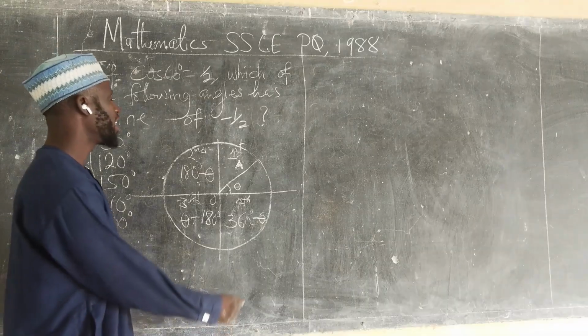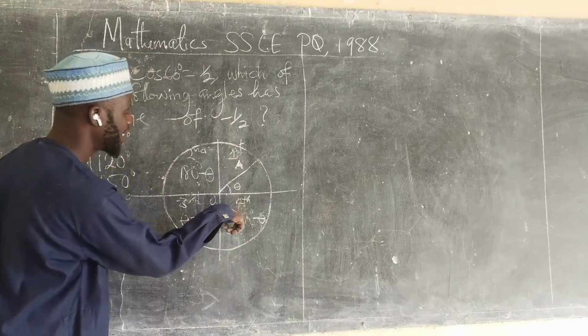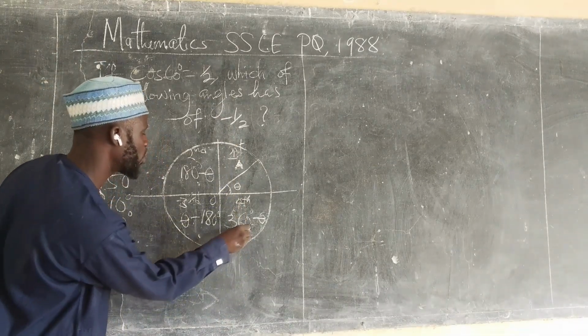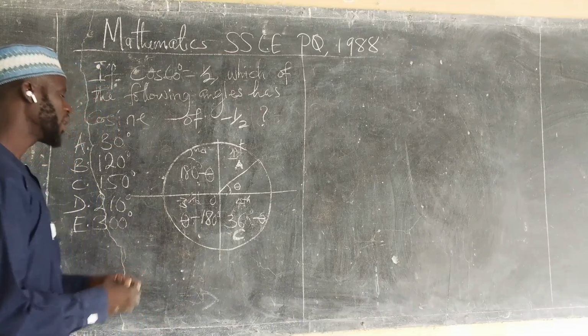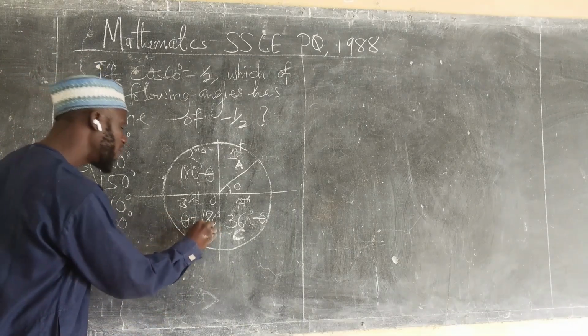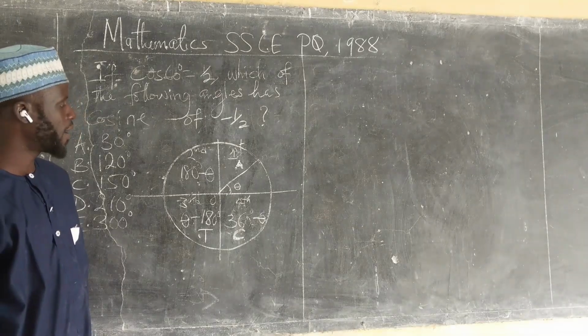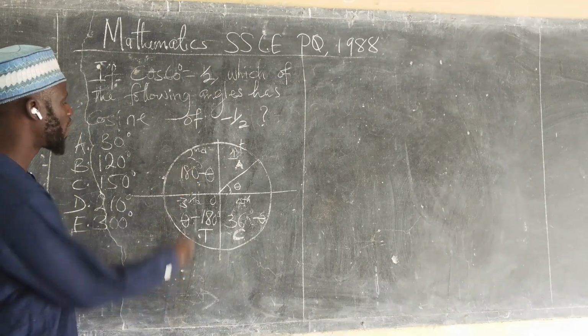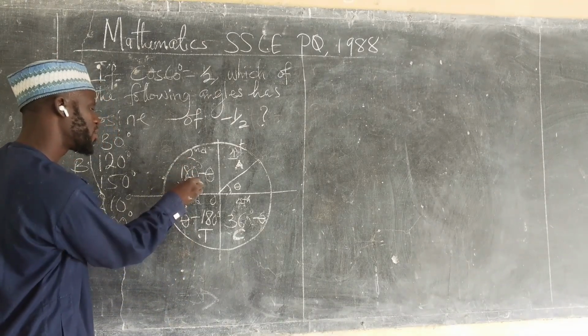When theta is falling in the fourth quadrant, only cosine is positive here. In the third quadrant, only tan is positive here. In the second quadrant, only sine is positive here.